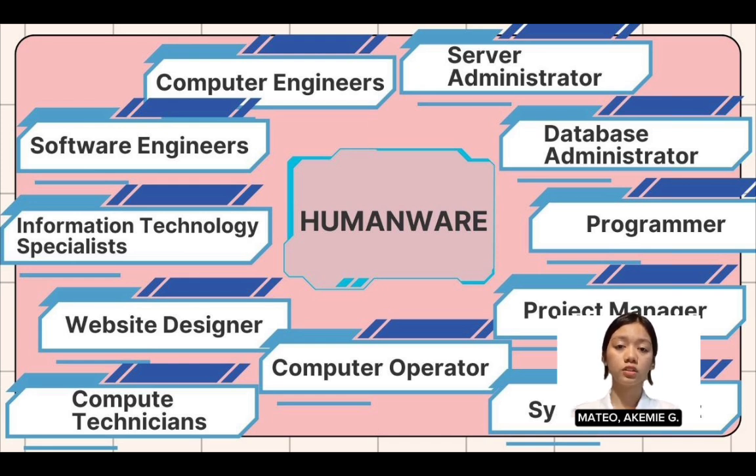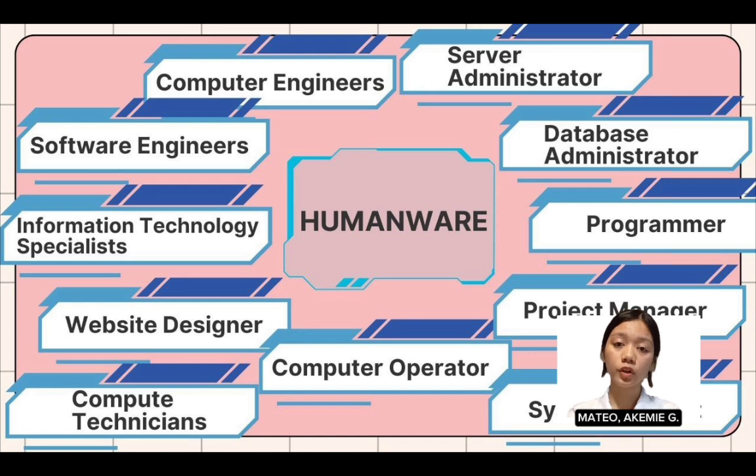Computer technicians are in charge of the repair and maintenance of computers and their servers and networks. They also build or configure new hardware as well as install and bring up to date the software.